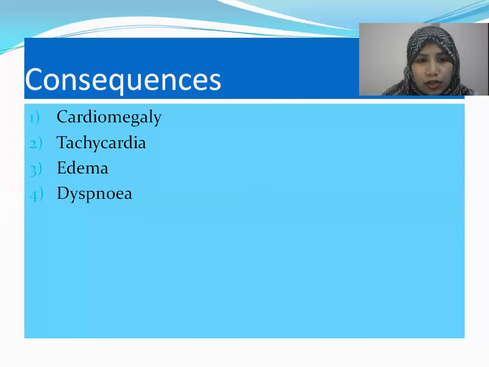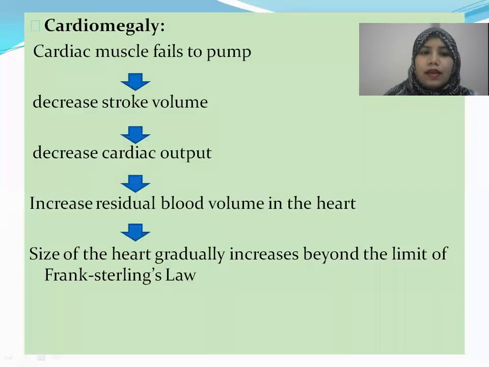Now, what are the consequences of heart failure? These are consequences like cardiomegaly, tachycardia, edema, dyspnea, etc. I will discuss the four consequences in detail in the next slides. At first, I want to discuss cardiomegaly. How does it happen? At first, cardiac muscle fails to pump.